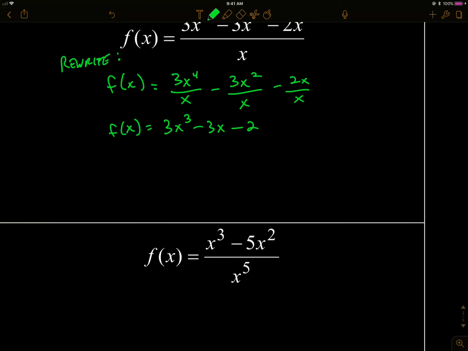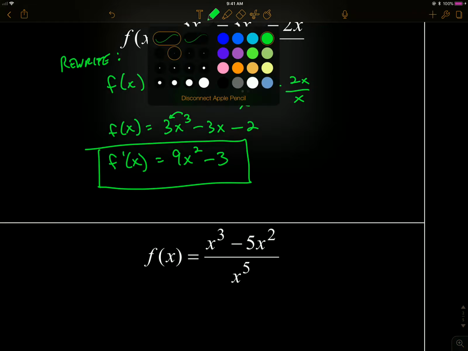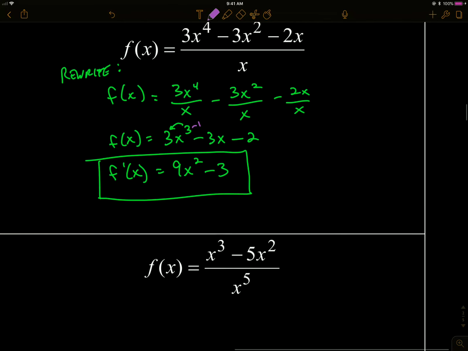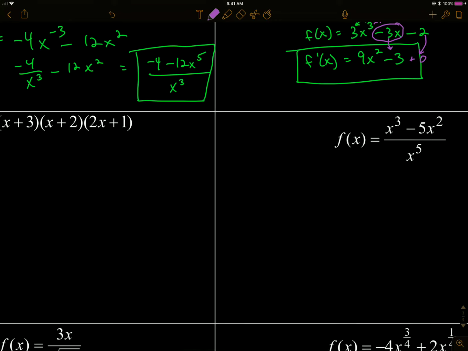And now I can do the derivative fairly easily with power rule. Remember, for power rule, the 3 comes down, multiplies by the coefficient, so that's 9. I reduce the power by 1, so that's why I get a 2. Remember, this guy is just a linear function, and the derivative is always its coefficient. I drop the x if it's x to the first, and then the derivative of a constant is plus 0, but I don't need to show that.